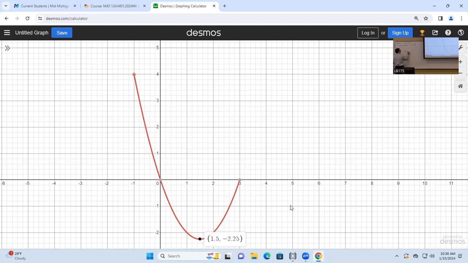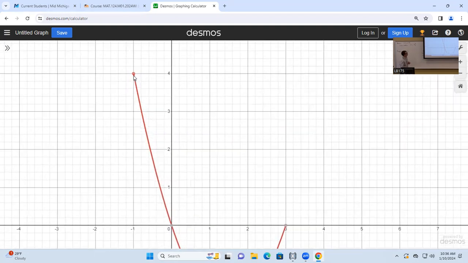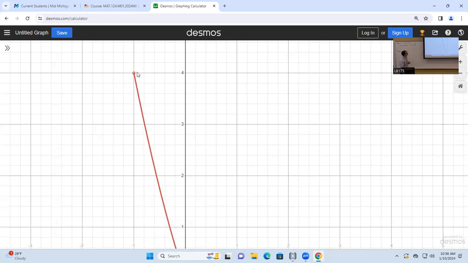So y is greater than or equal to -2.25, and the y value goes all the way up to 4, but I can't touch 4. That makes sense.